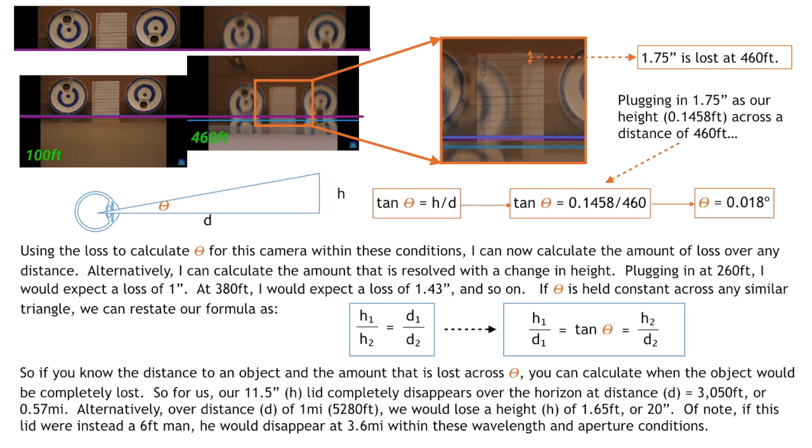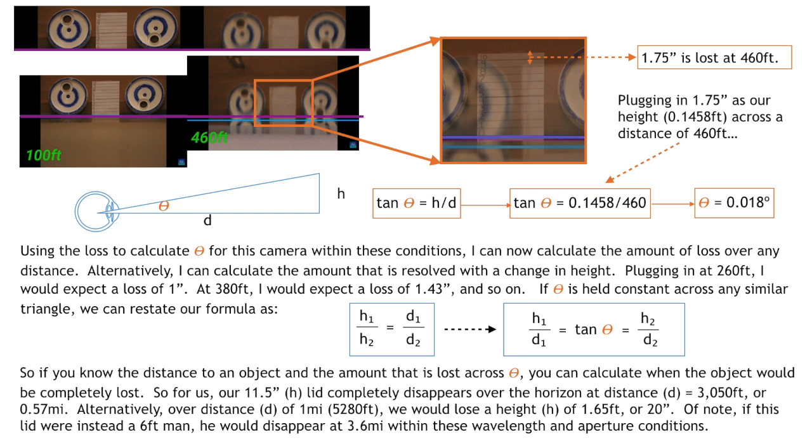So we plug in 1.75 inches as our height, which is 0.1458 feet, across a distance of 460 feet. Using our same diagram as before, solving for theta gives us a very similar angle to what we've gotten before, which is 0.018 degrees, very close to our 1 arc minute human eye resolution limit.